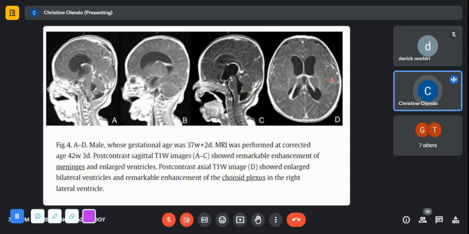And for D, the ventricles appear enlarged and the choroid plexus is hyperintense in this image. But here we're seeing more of the leptomeningeal enhancement. Now one of the complications of this is that pachymeningeal enhancement as well?